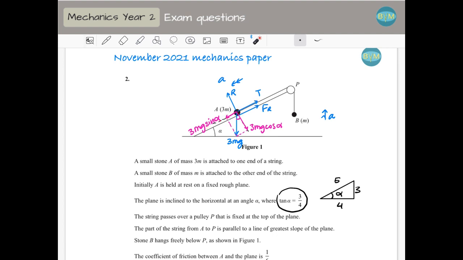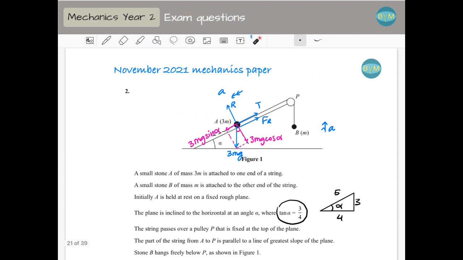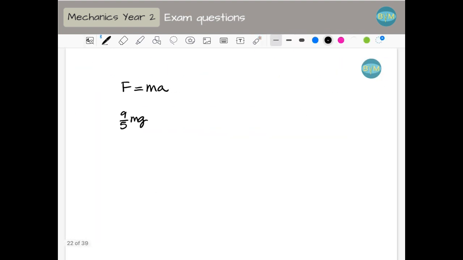So my equation is going to be 3mg sin alpha, and sine is 3/5. So I have 9/5 mg, just multiplying by the sine, minus the tension, minus the friction, is going to be the mass, which is 3m, times acceleration.